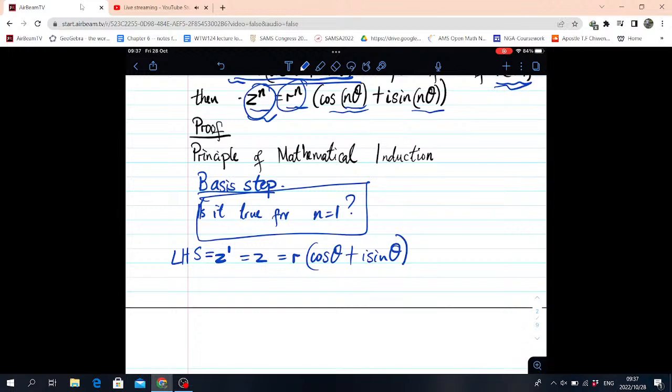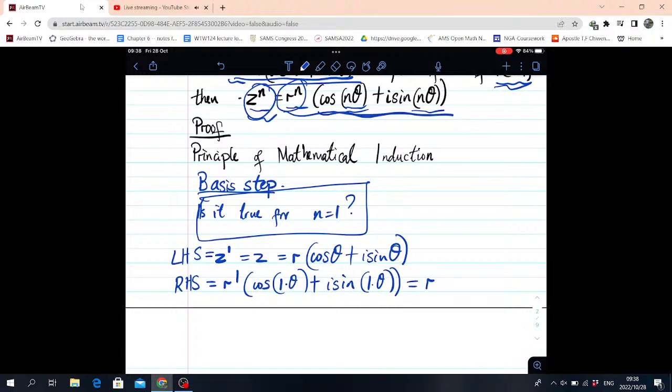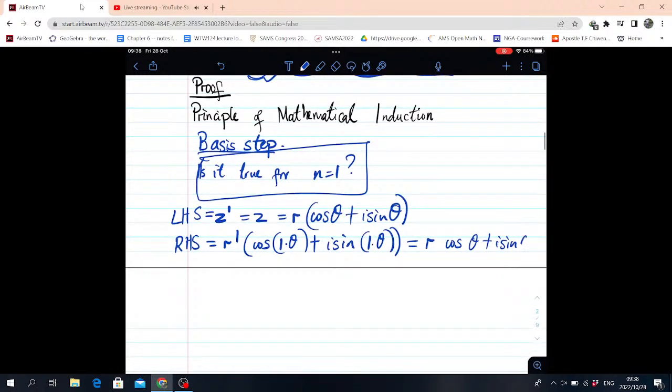And then if we look at the right-hand side of our statement, it will be r to the 1, right, because n is equal to 1, and then times cos 1 theta plus i sine 1 theta, which is equal to r, and then cos 1 times theta is theta, plus i sine 1 times theta is theta, so we get that, and we can see that these two are equal.